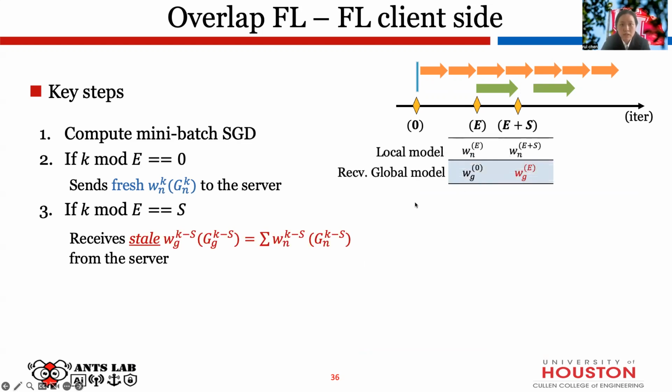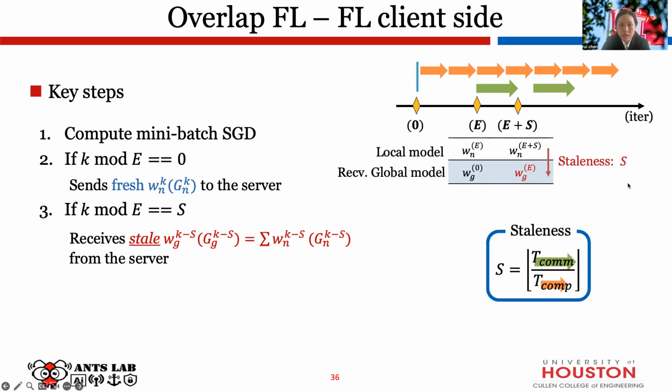So it will cause an inconsistent state between the local model and the global model. We define it as the staleness level and compute it in these equations. When the stale global information has come, the client will update their local model according to this stale information.